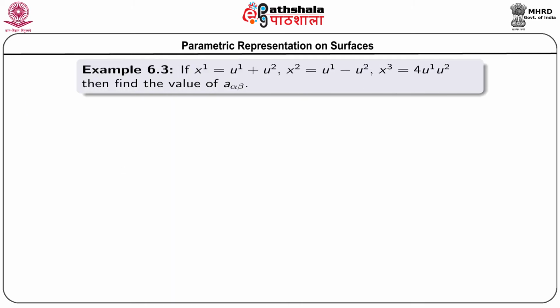Now, let us consider an example, where we are trying to find the first fundamental form for this surface. If x1 equal to u1 plus u2, x2 equal to u1 minus u2 and x3 equal to 4 u1 u2, we are going to find the value of A alpha beta and also the first fundamental form.